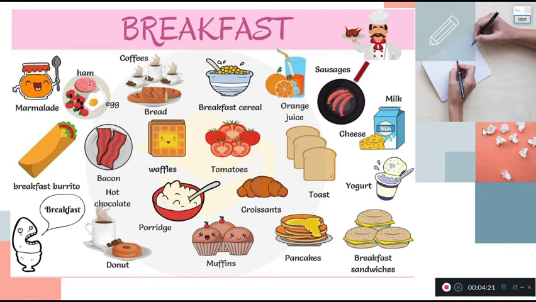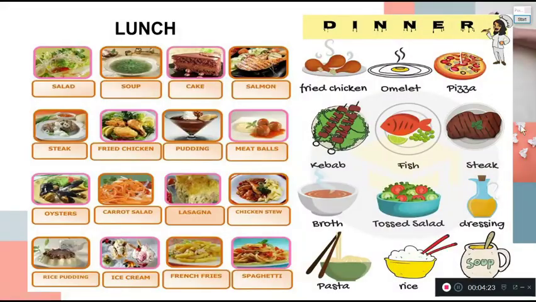Okay, this is for breakfast. Some examples, some ideas. For lunch, we can have, for example, salad, steak, oysters, carrot salad, lasagna, chicken stew, meatballs, spaghetti, French fries, ice cream, rice pudding, for example.